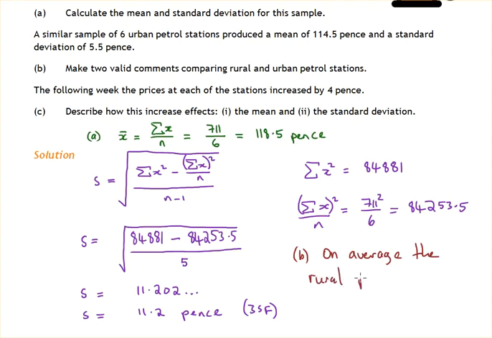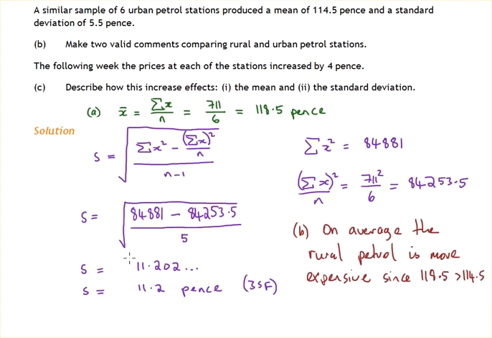On average, the rural petrol is more expensive, and we need to justify that. So what helped us make that decision? Well, it's because 118.5 is greater than 114.5. That's our first comment.